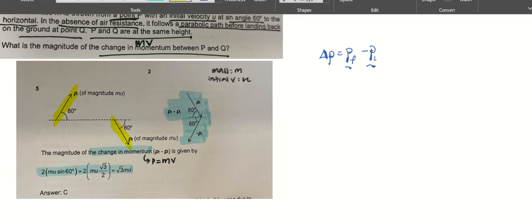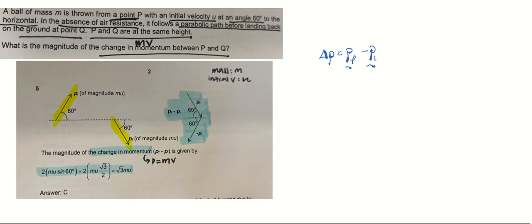So in other words, you perform a vector addition. Your final momentum is in this direction, right? Then that will be your final momentum, p_f, plus a negative of the initial. So it's always easier to add a negative initial momentum.